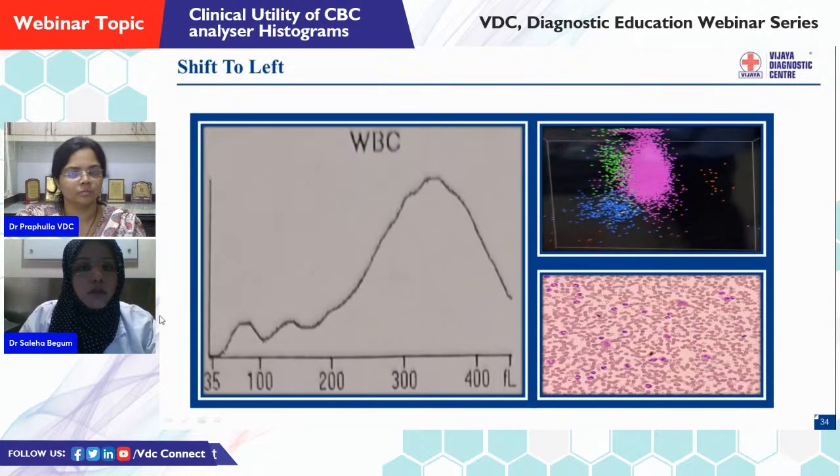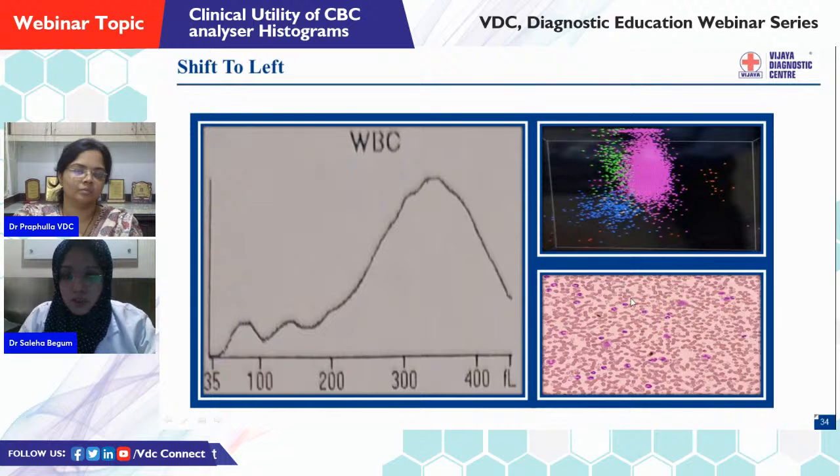So this is another example where you are seeing a broad right curve and no lymphocyte curve, and there are small bumps in the mid cell population. So this is a shift to left in the patient blood, not in the graph. The graph is shifted to the right here. So in the peripheral smear, you can correlate the immature granulocytes, the myelocytes, the metamyelocytes, and band forms.